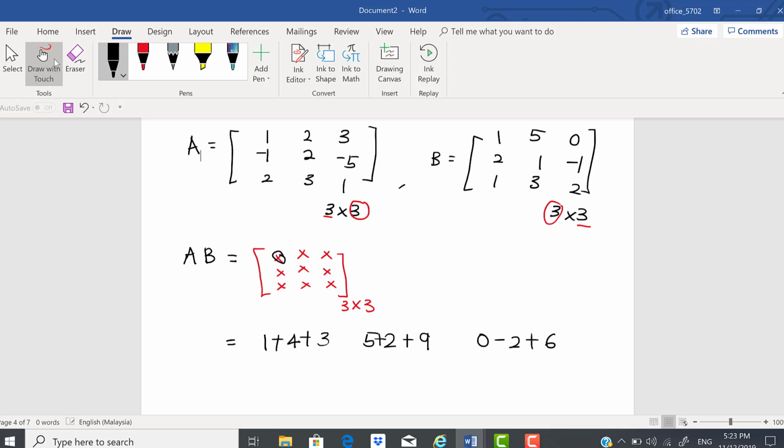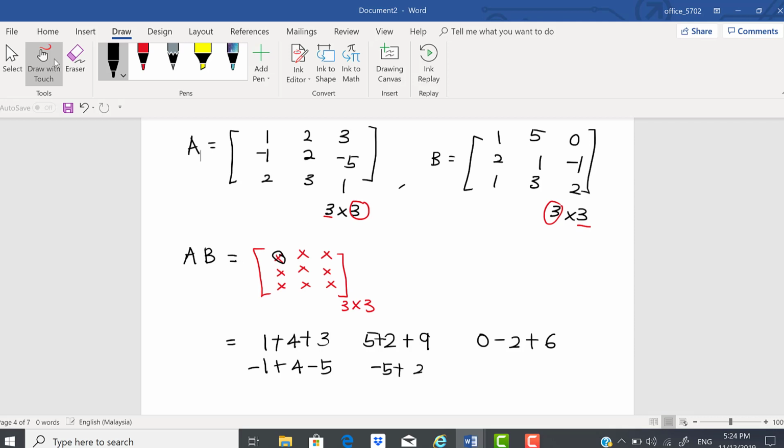Now for the second row, negative 1 times 1, you get negative 1. Then we have 2 times 2, get 4. Negative 5 times 1, you get negative 5. Then negative 1 times 5, you get negative 5. 2 times 1, you get 2.